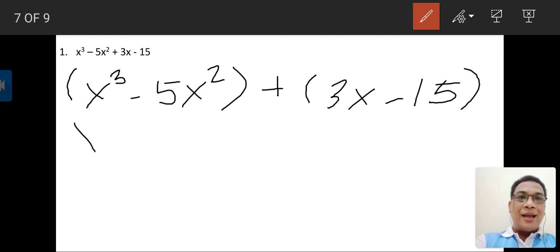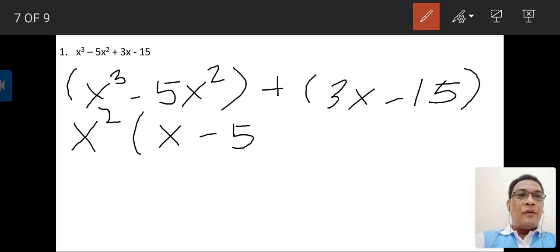We have x, and if this is a variable, we consider the least degree. And what is the least degree? That is x squared. You have to divide that from the first group, so x cubed divided by x squared will be x, and x squared divided by x squared cancels out, leaving 5.